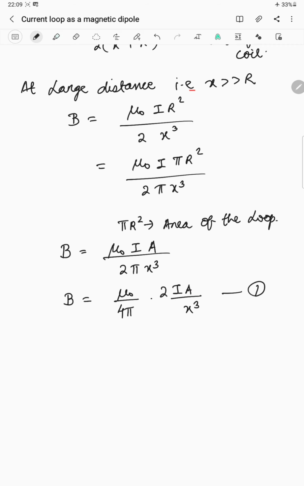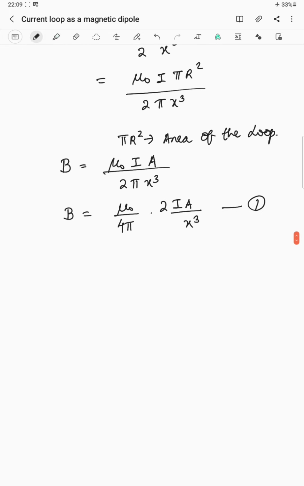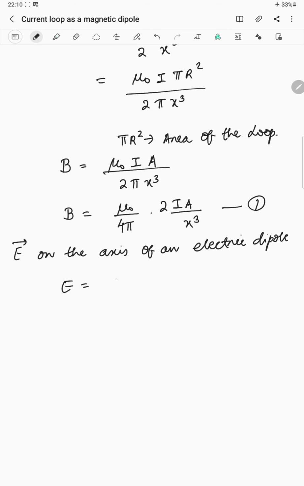Now if you remember in chapter number 1, when we found the electric field on the axis of an electric dipole, that expression we will be using. If you remember properly, the expression was E equals 1 by 4 pi epsilon naught into 2 p by x cube.